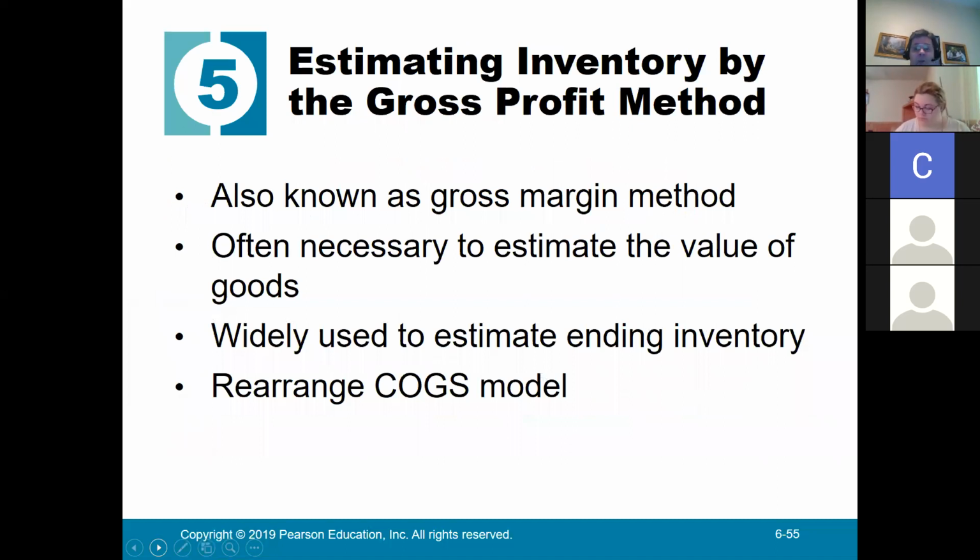You could also use it to estimate items that are lost or missing for some reason. For instance, if there was a flood or something.